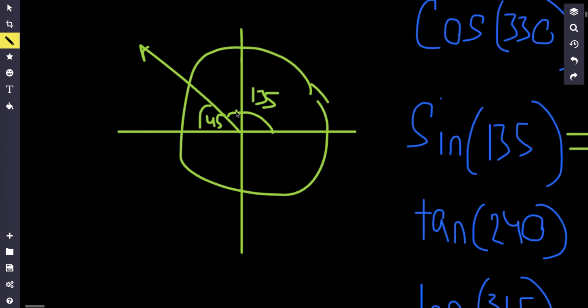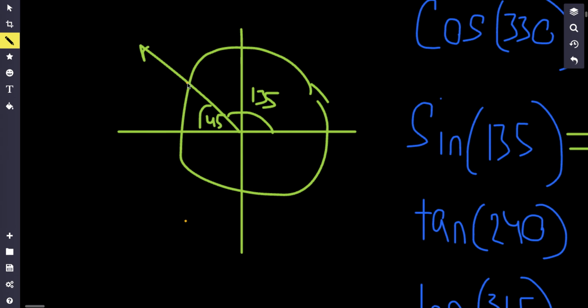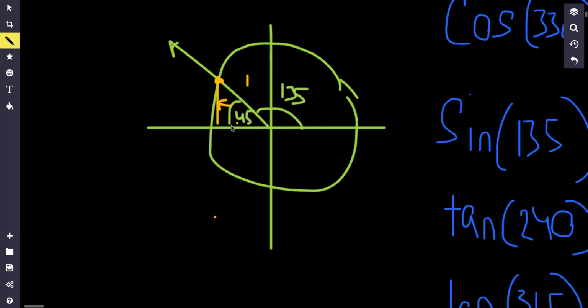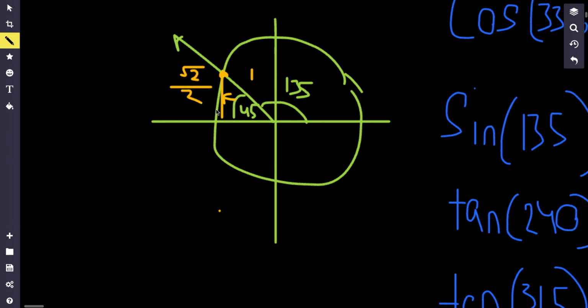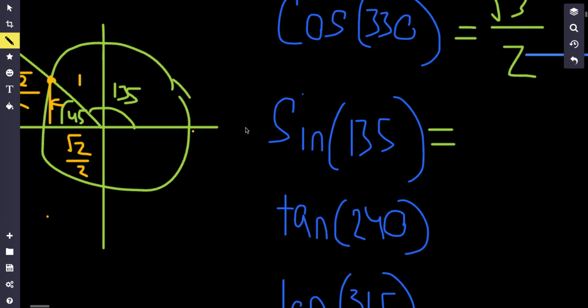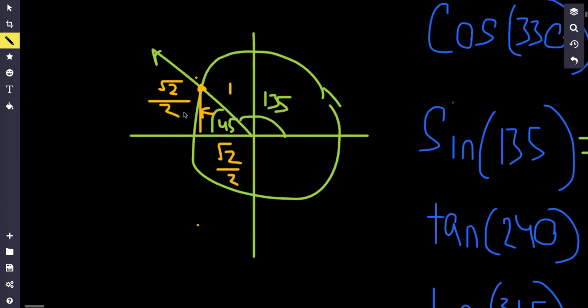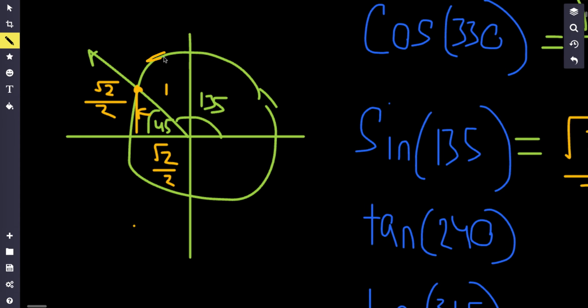Now take this point where it intersects the unit circle and draw an altitude down. The hypotenuse is 1, so this has to be root 2 over 2. The y value is just going to be root 2 over 2, because the y value in quadrant 2 is positive. In this section of the unit circle, the y value is positive for any point.